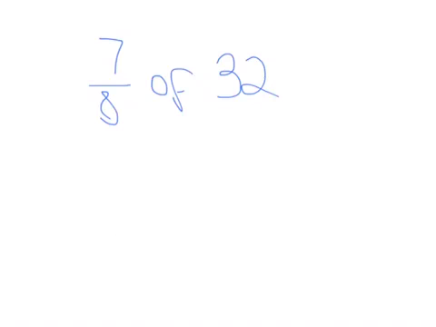Another way to do it is to make equivalent fractions. For example, 7/8 of 32, right? What we could do is try to make an equivalent fraction. This time we're not going to replace the of with the multiplication, but rather an equal sign.